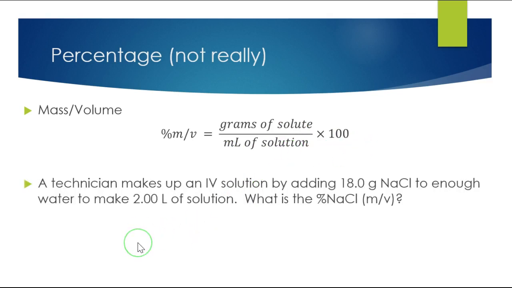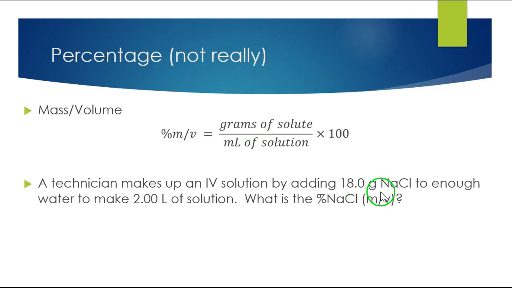So if a technician makes up an IV solution by adding 18.0 grams sodium chloride to enough water to make 2.00 liters of solution, then what is the percent NaCl, mass volume? Okay, so we're going to need to change the 2 liters into milliliters.